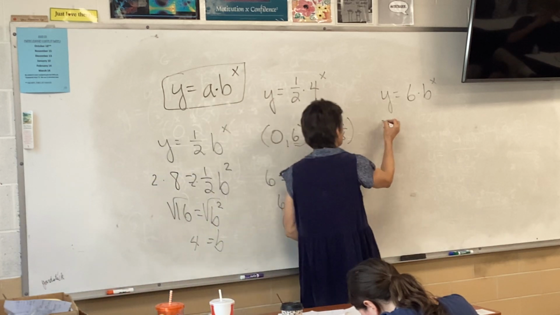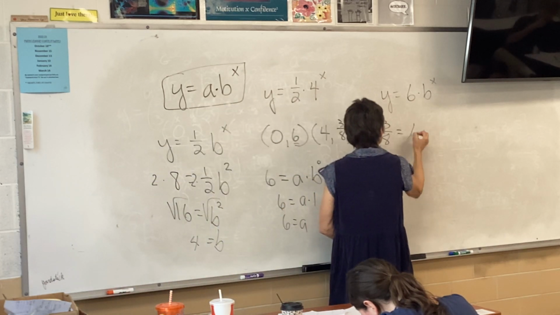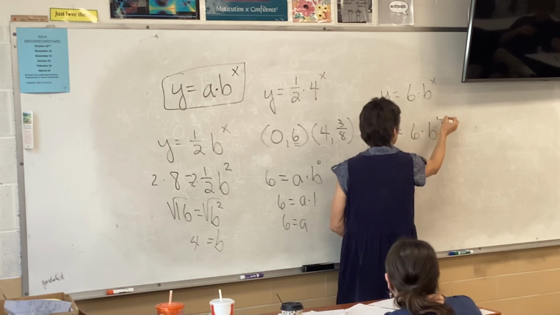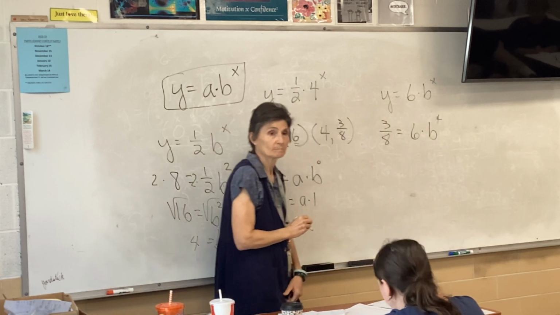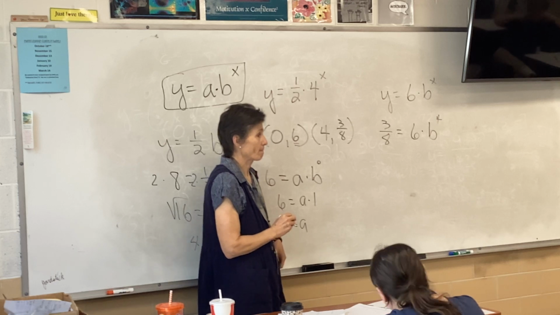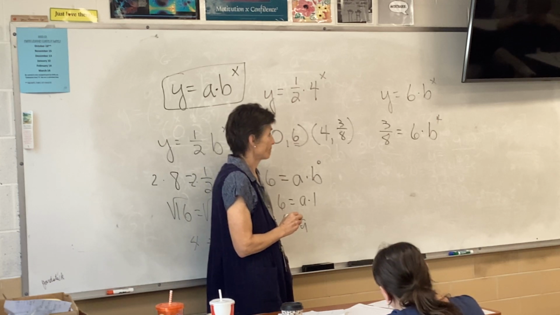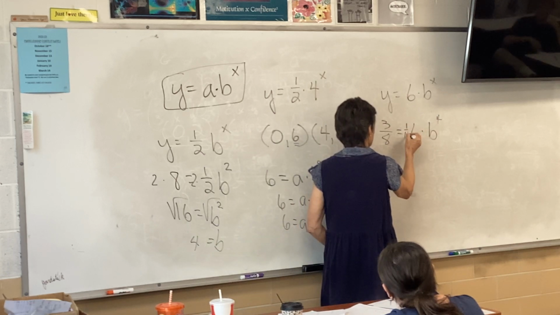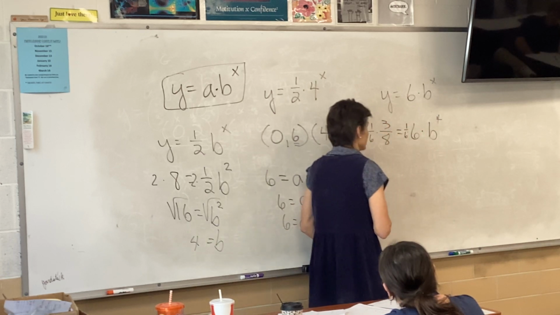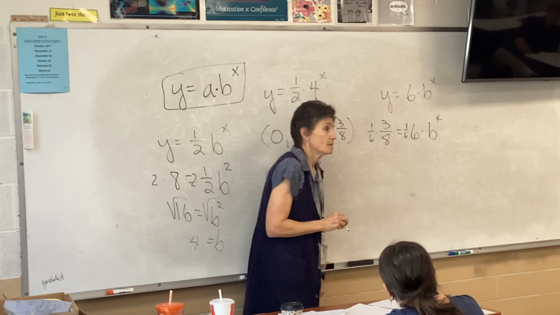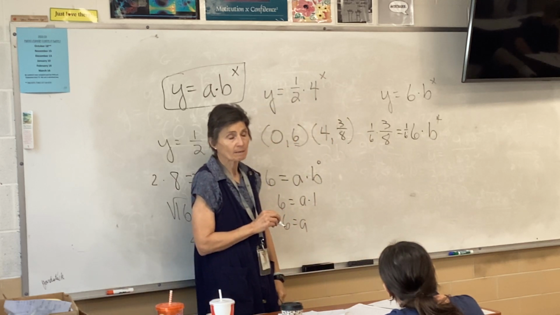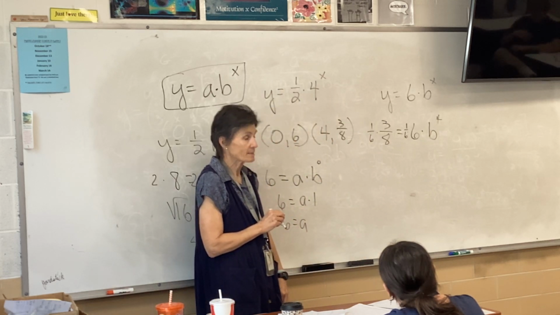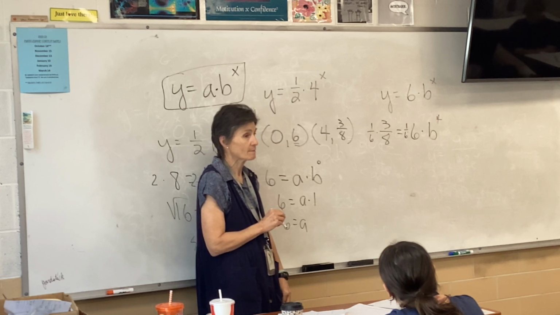So now 3/8 equals 6 times B to the 4th. Now I'm going to multiply by 1/6 because it's a fraction. And remember that dividing by 6 is the same as timesing by 1/6.